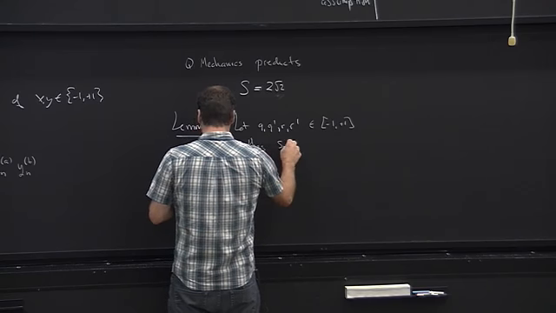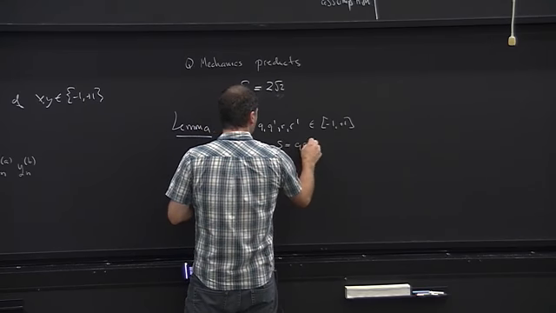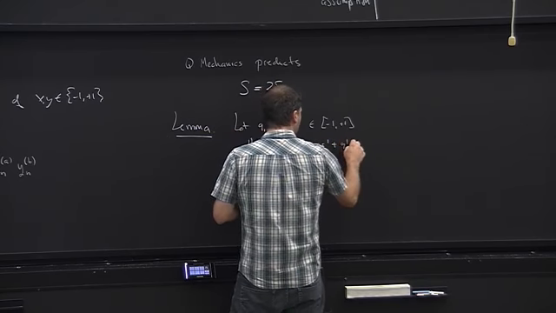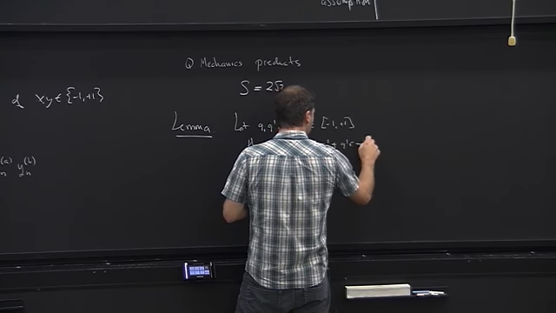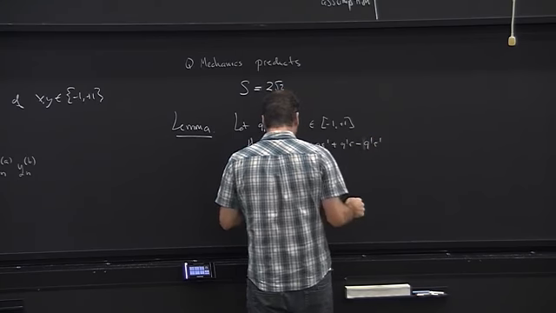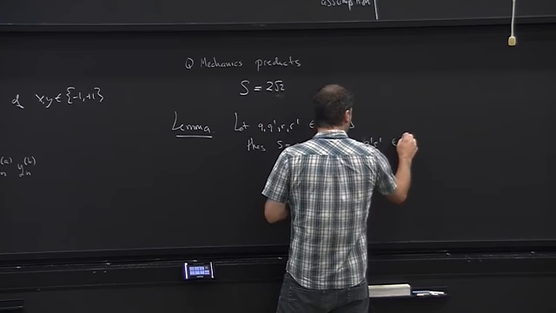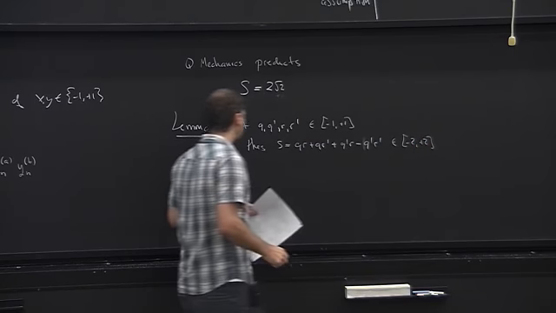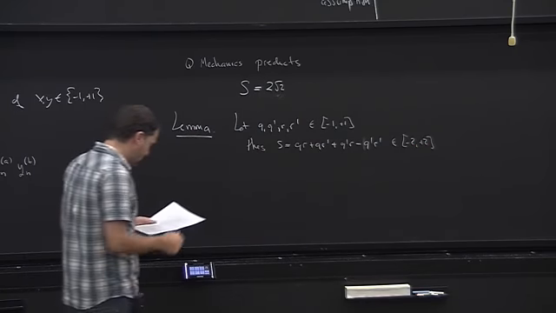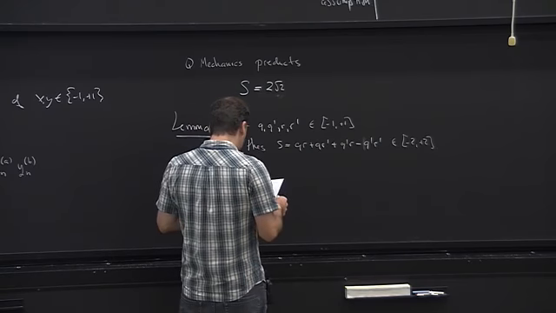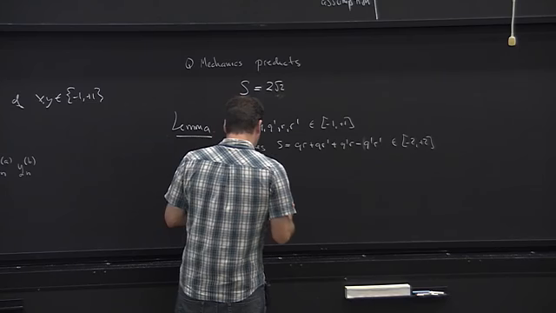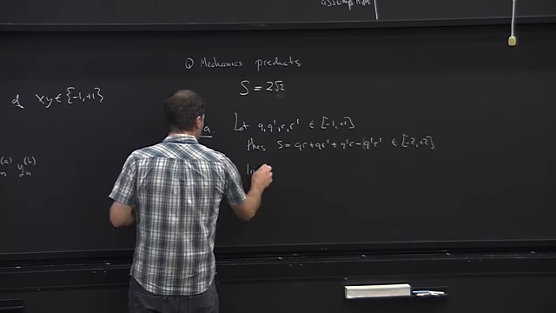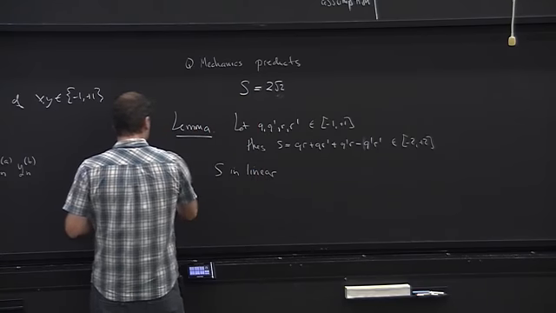Then S equals QR plus QR prime plus Q prime R minus Q prime R prime is in the interval -2, +2. All right, so how do we see that? So here's the proof.